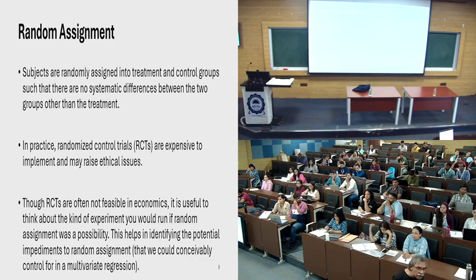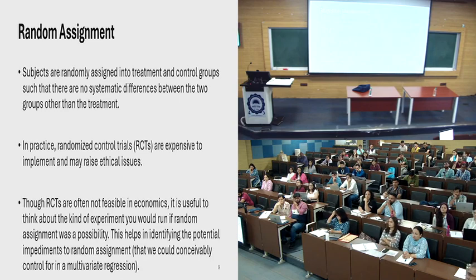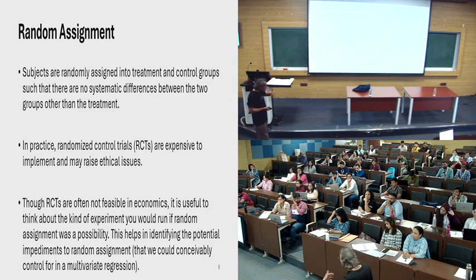But in practice, in terms of our field of social science, it is not that easy to conduct RCTs, right? So given that, I then want to think about what kind of experiment.